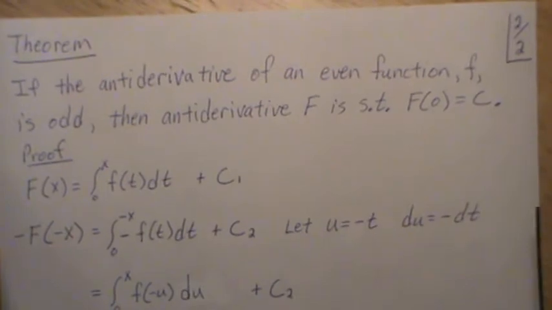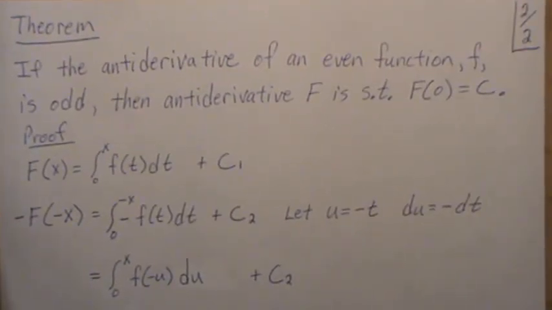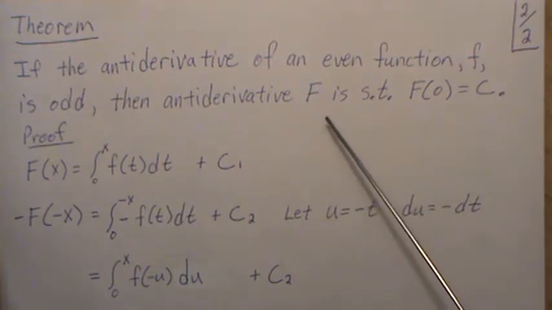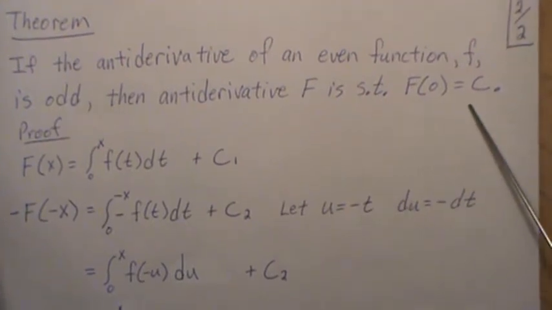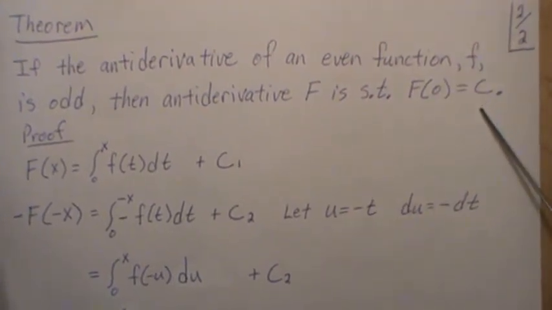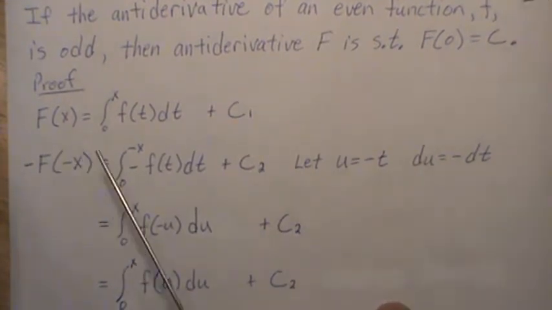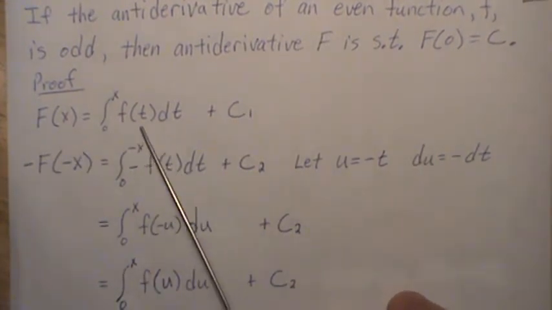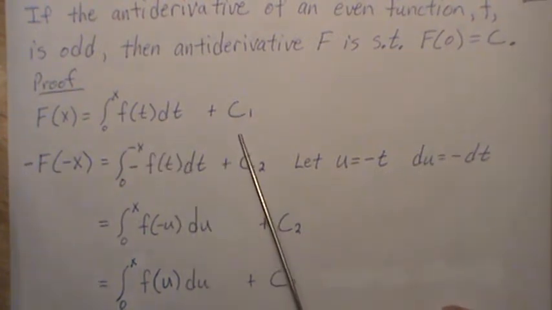Now the last one: if the antiderivative of an even function f is odd, then the antiderivative F is such that F of 0 is equal to some constant c. And the proof goes like this. So F of x is equal to this, the integral of f of t dt plus some constant, right?